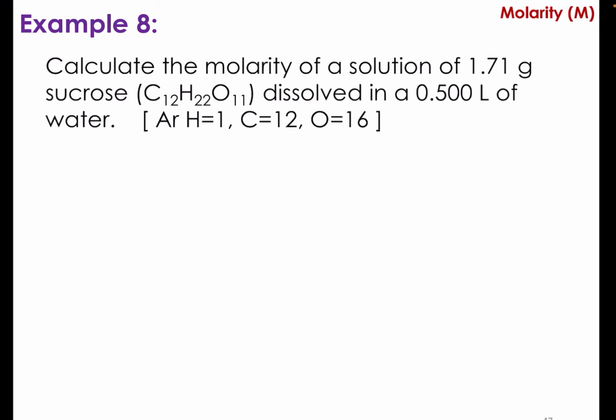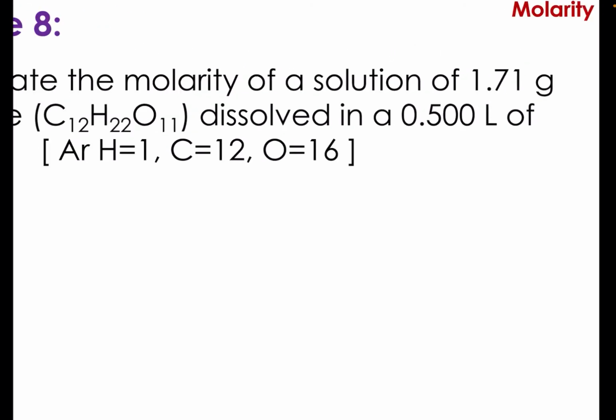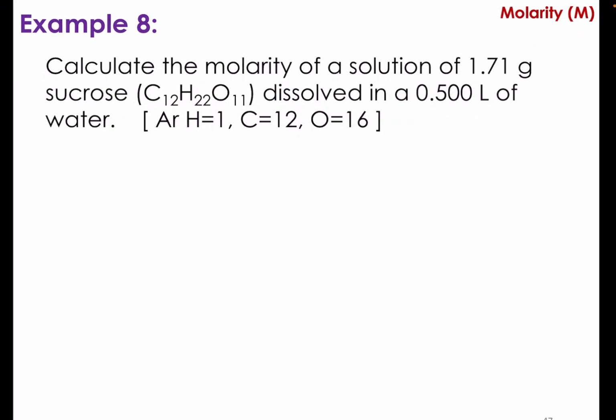In this case, I have the mass, which is 1.71 gram for the mass of sucrose. So I can write my information: mass of sucrose is 1.71 gram. And the next one, I have 0.50 liter of water.